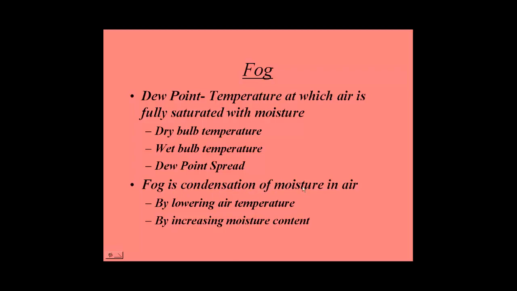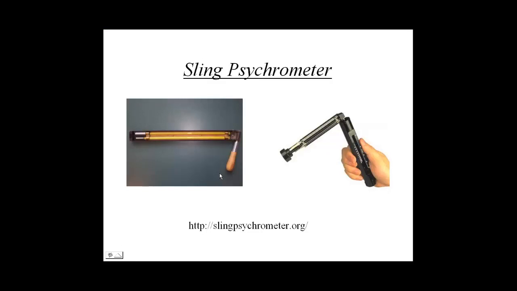Fog is basically condensation of moisture in the air, either by lowering the air temperature when you're in this 4 or 5 degree temperature spread, or if the moisture in the air is raised, you'll have fog.